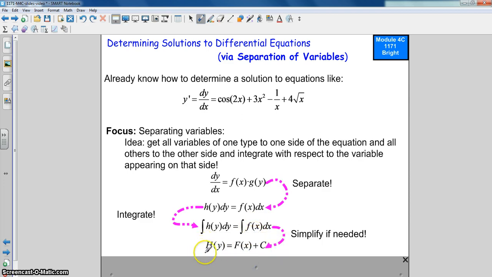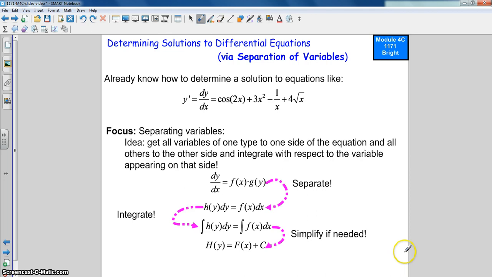Remember, we typically use capital letters to denote the antiderivative. So this just means the antiderivative of h of y equals the antiderivative of f plus a constant. Remember, this constant makes up our general solution.